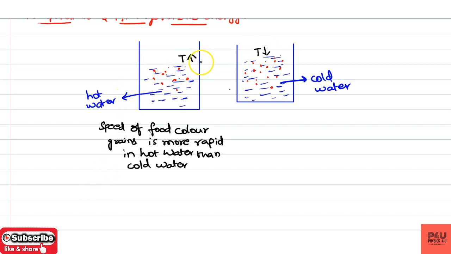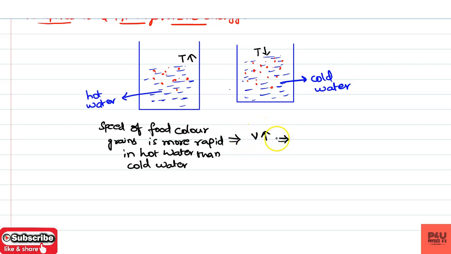Because of the increase in temperature, because of that heat energy, the food color present in the water is gaining velocity, moving with more speed. Its velocity is increasing. What happens if the velocity increases?